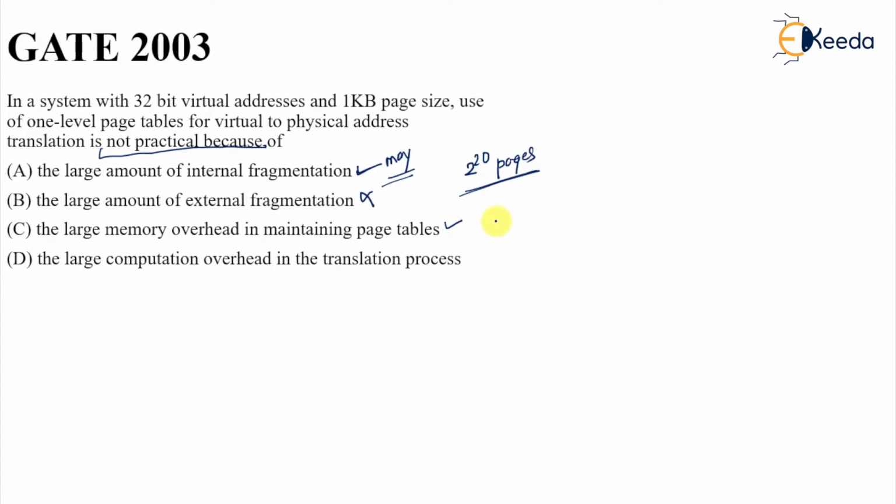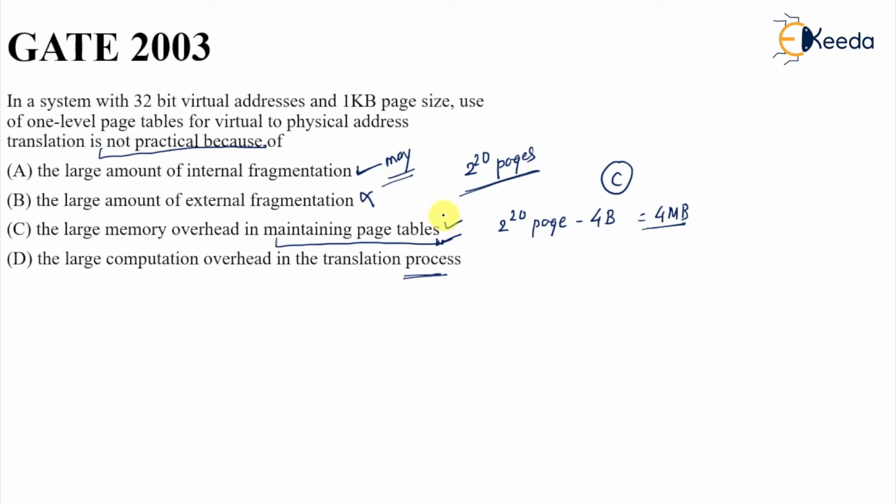We already saw this calculation: 2 to the power 20 pages, and a typical entry is of size 4 bytes, which becomes 4 megabytes of consecutive memory, and that is an overhead for maintaining the page table. Translation process is more or less okay, but the answer for this question is C, a large memory overhead for maintaining the page table.